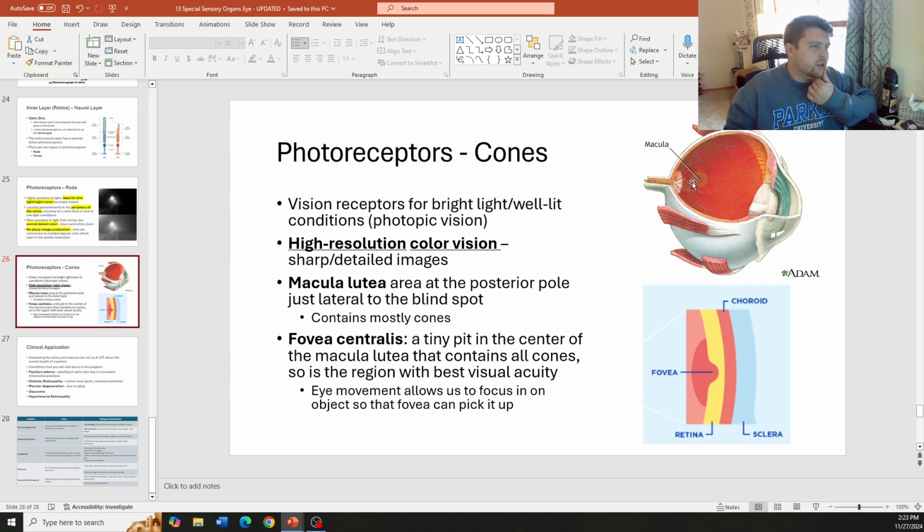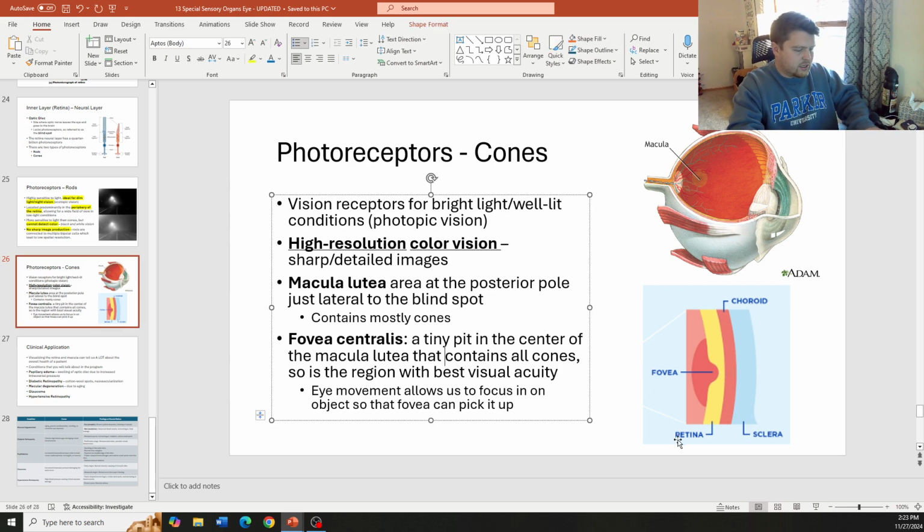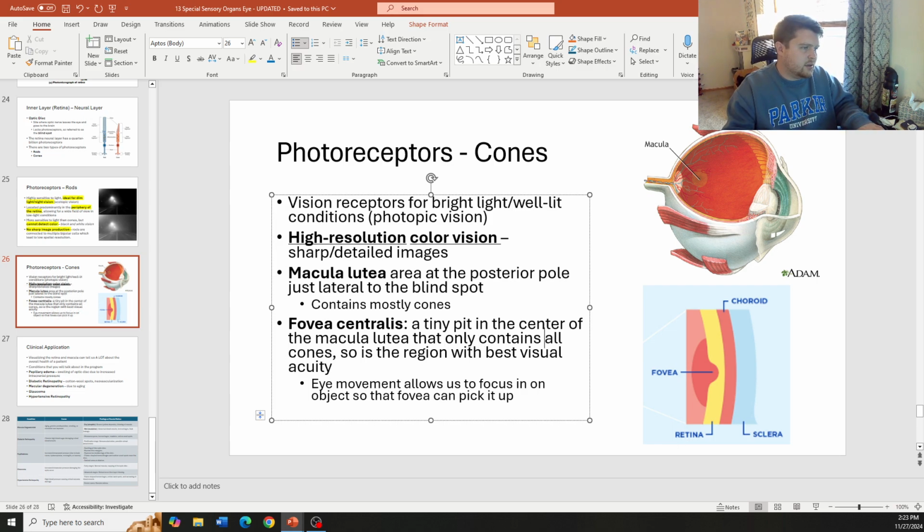This is also something that you're going to look at. I should have thrown a picture in here, but this is something you'll look at specifically when you are looking at potential diseases of the eye, when you're doing that examination of the eye. Within the macula itself, there's a tiny pit in the center that only contains cones.